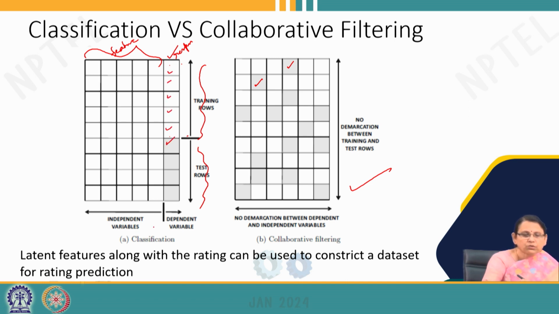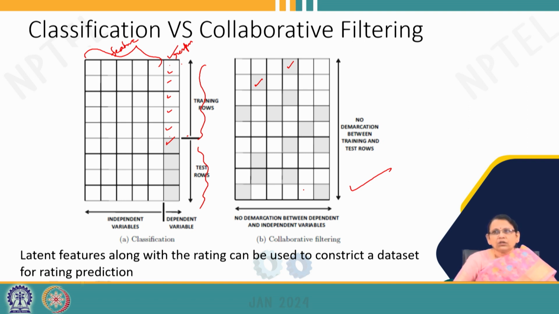With respect to this known part and taking these attributes, you were building a model. Here these known values are distributed throughout this matrix. Such situations are called matrix completion problems.